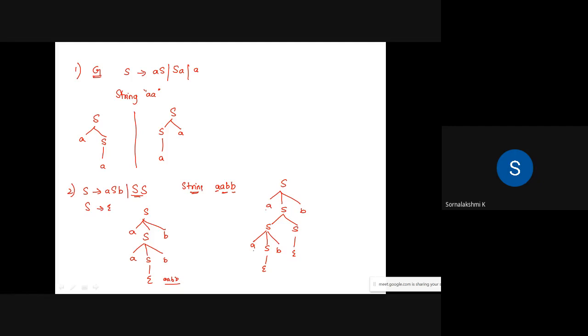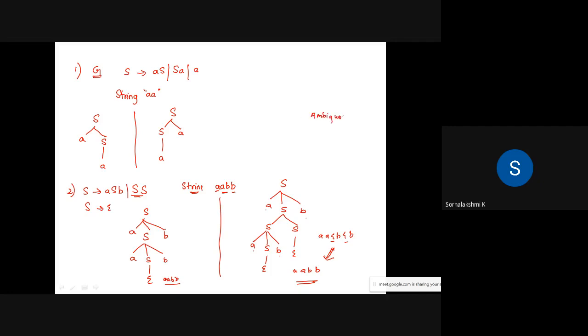Now I get A, B, and B. Leaving off all the epsilons, this also generates the string. With epsilons it looks like A, epsilon, B, epsilon, B, so you can leave out the epsilons. So for the same string you have two different parse trees, so this is also ambiguous. These are examples of ambiguous grammars.